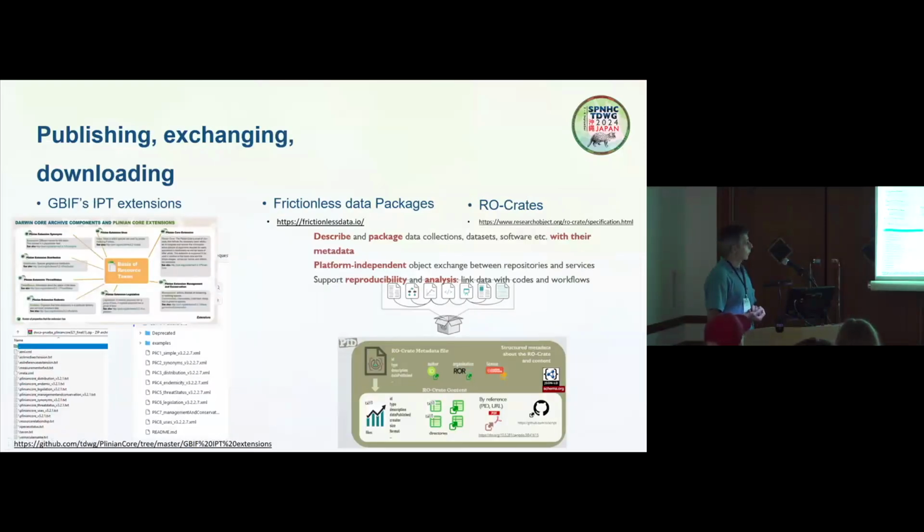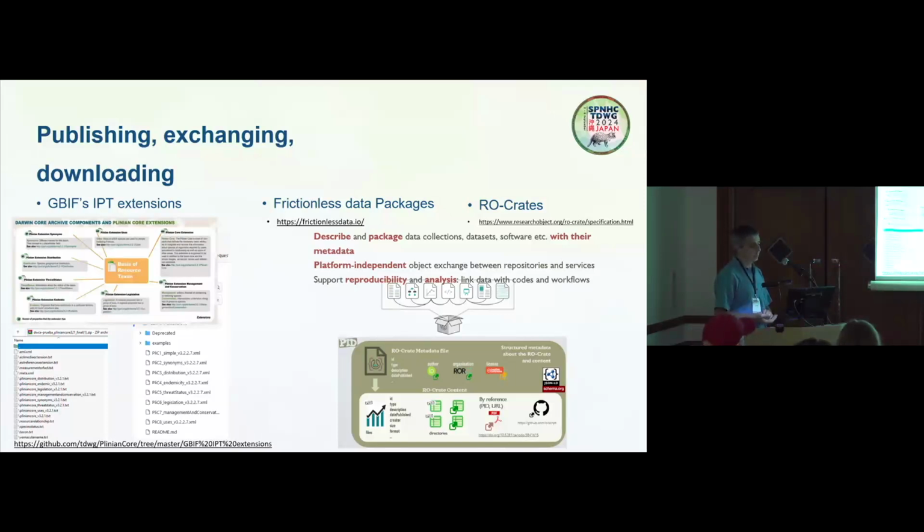Approaching the end of the presentation, regarding publishing, exchanging, and downloading, we have in parallel developed extensions to work with the GBIF IPT tool. This is in test form, but we expect that as PLIANCORE approaches the public review, it will be available for anyone to produce Darwin Core archives using PLIANCORE terms.